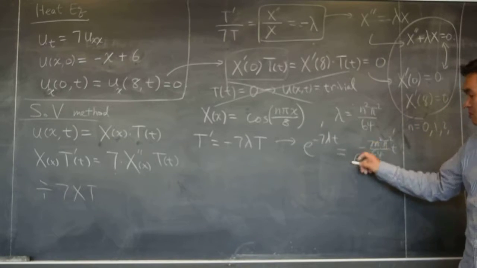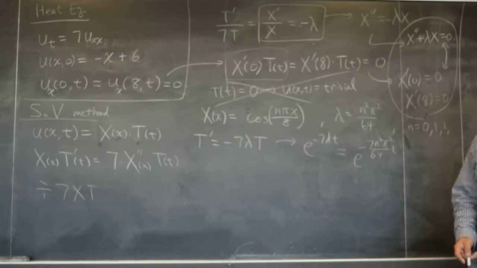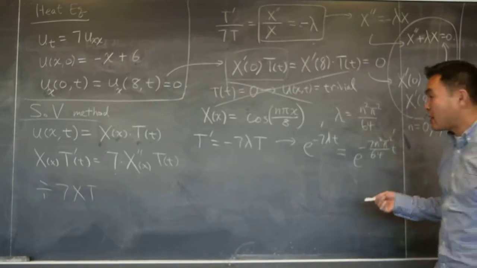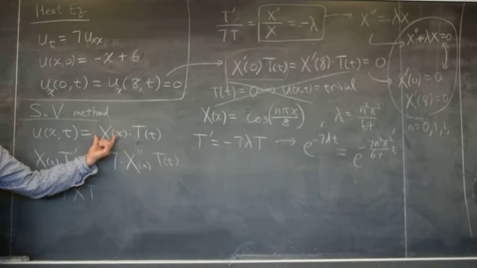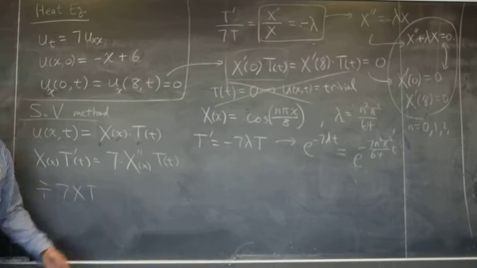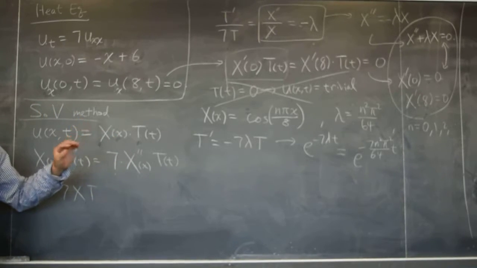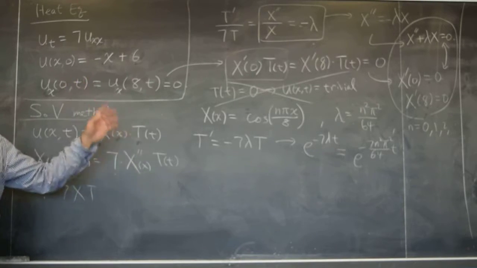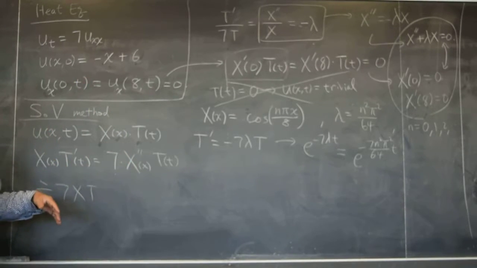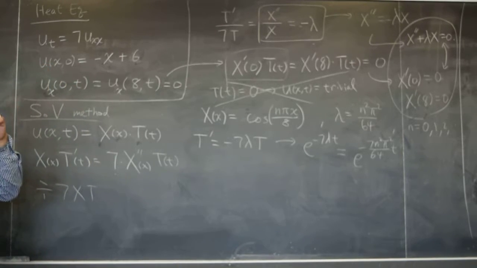Of course, there could be some constant in front. We don't care because right now we're just trying to find out a function of this form, some function of x times function of t. And once we find them, then we're just going to put some constants in front of them and add them up for n equals 0 to infinity, and then that summation we hope to satisfy the initial condition also. Okay. All right.